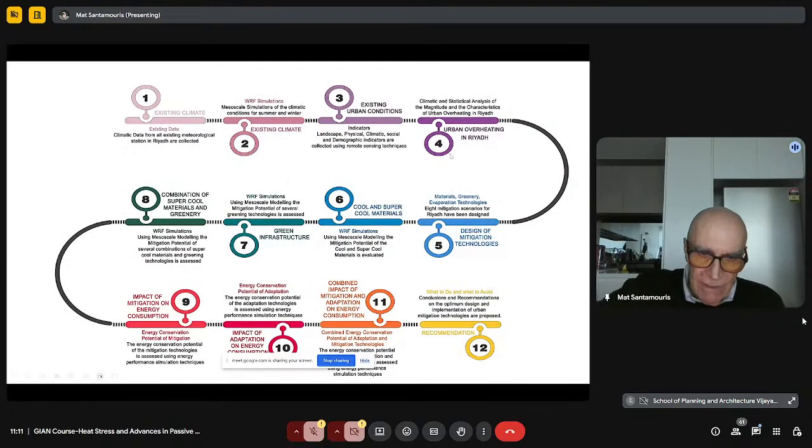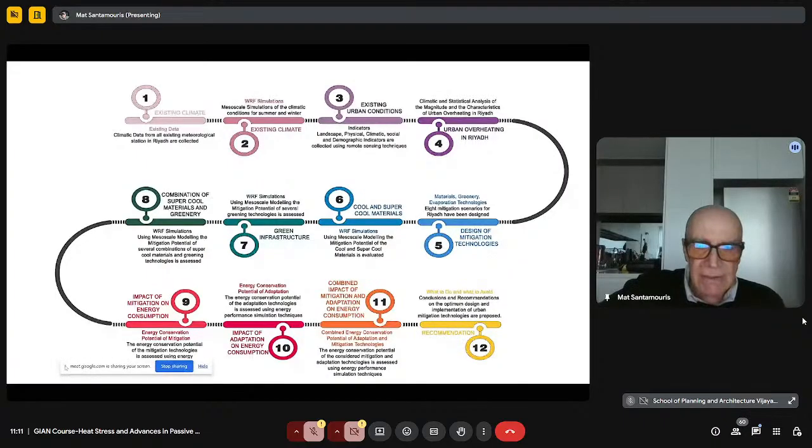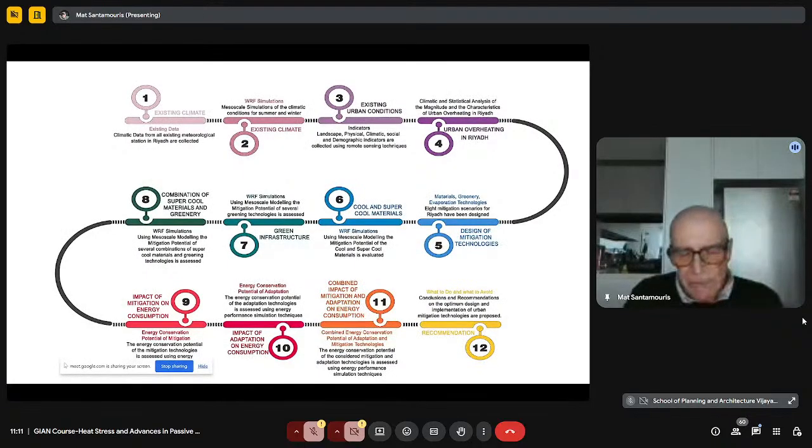And once we had a very good understanding of the potential impact of all the considered mitigation technologies on the energy consumption, we analyzed how these potential energy benefits can be combined with other measures which have to do more with energy conservation and adaptation in order to prepare and propose a holistic and integrated energy conservation framework.